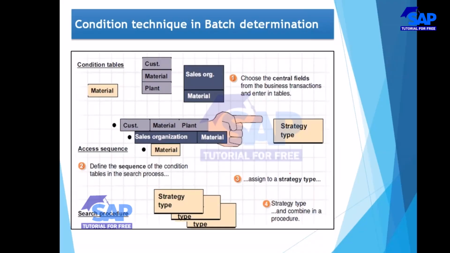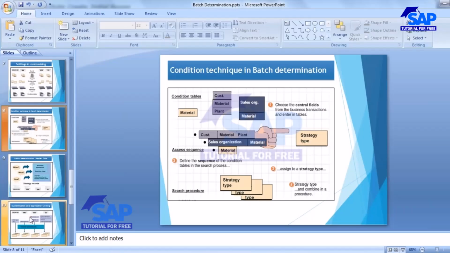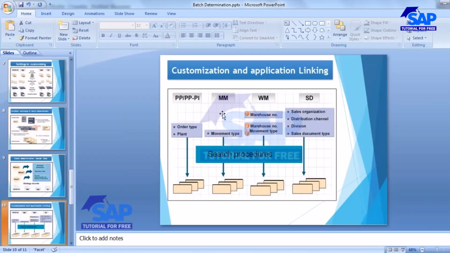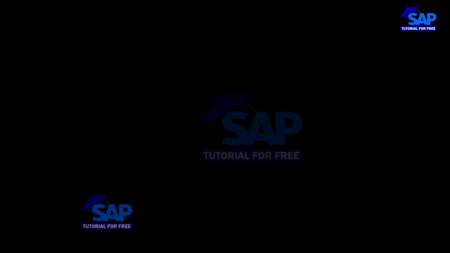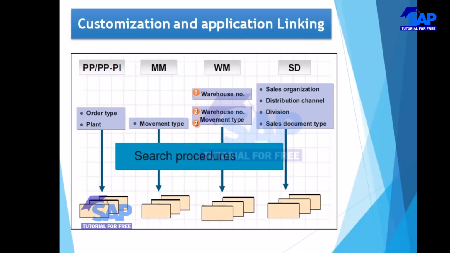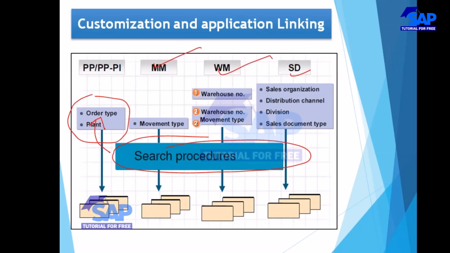Once that is done, now you will assign the batch search procedure to the linking object. Normally here I am assigning to my order type. We are in the PP module, so in the PP module the batch search procedure will be assigned to your order type and plant. If this is used in MM, WM, SD, they will assign in their respective areas.